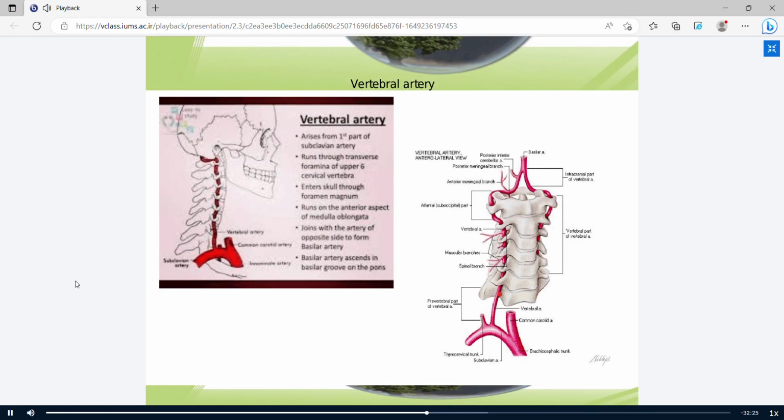The vertebral artery passes through the foramen magnum into the skull, and in the skull, the right and left vertebral arteries join together and form the basilar artery.